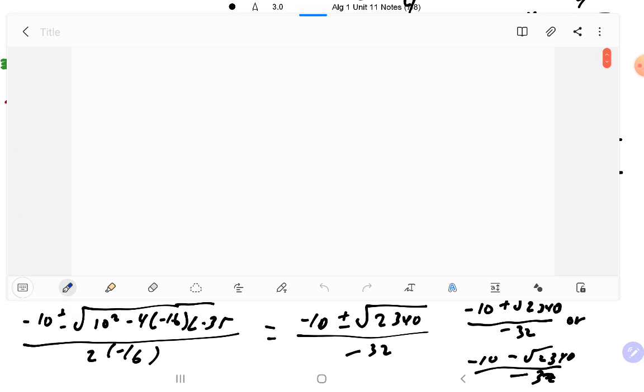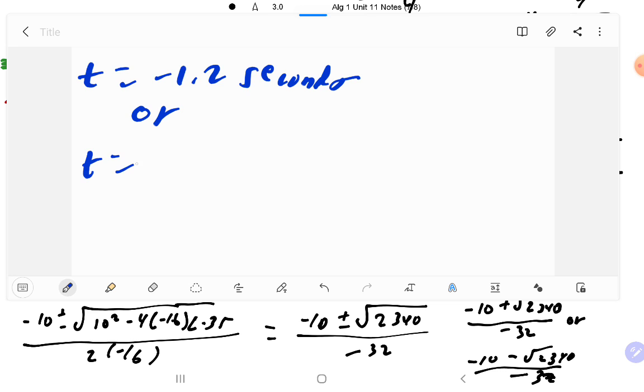There we go. So if I do negative 10 plus the square root of 2,340 divided by negative 32, I will get t equals negative 1.2 seconds. And if I subtract, I will get t equals about 1.8 seconds.